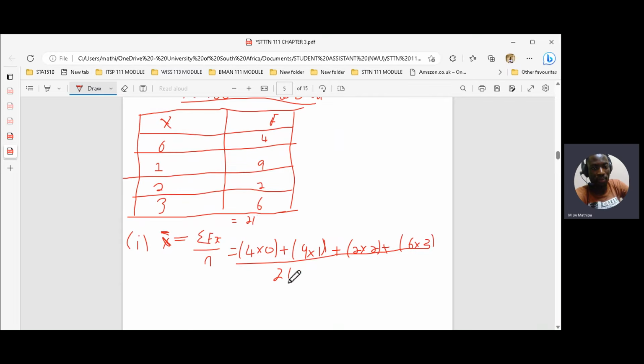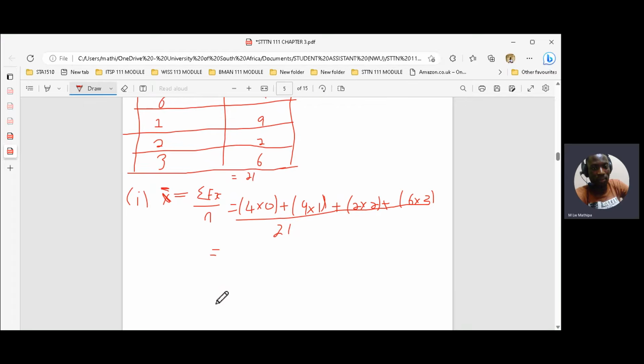Let's use the calculator and check the answer. We have 4 multiplied by 0, plus 9 multiplied by 1, plus 2 multiplied by 2, plus 6 multiplied by 3. Then we divide by 21, which will give you 1.476.